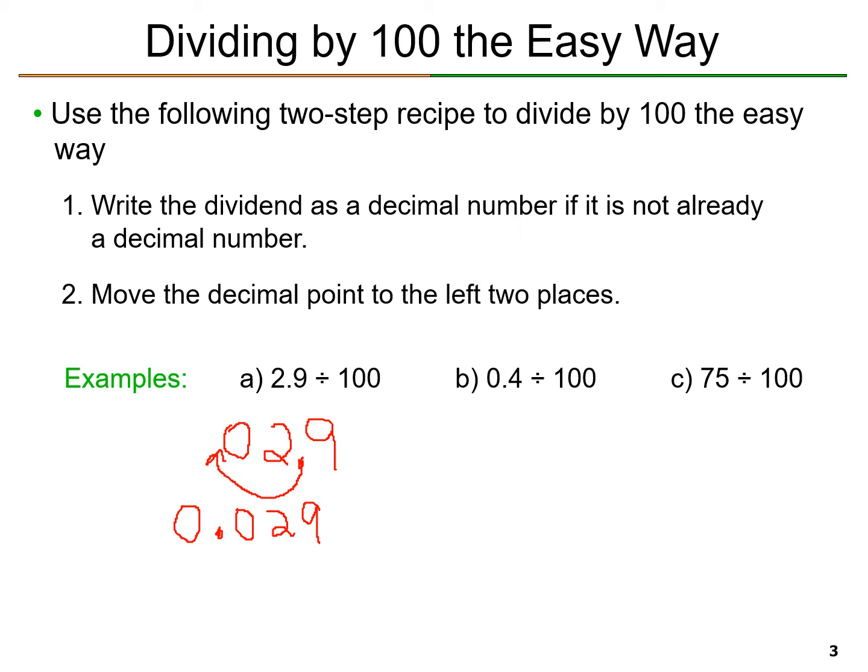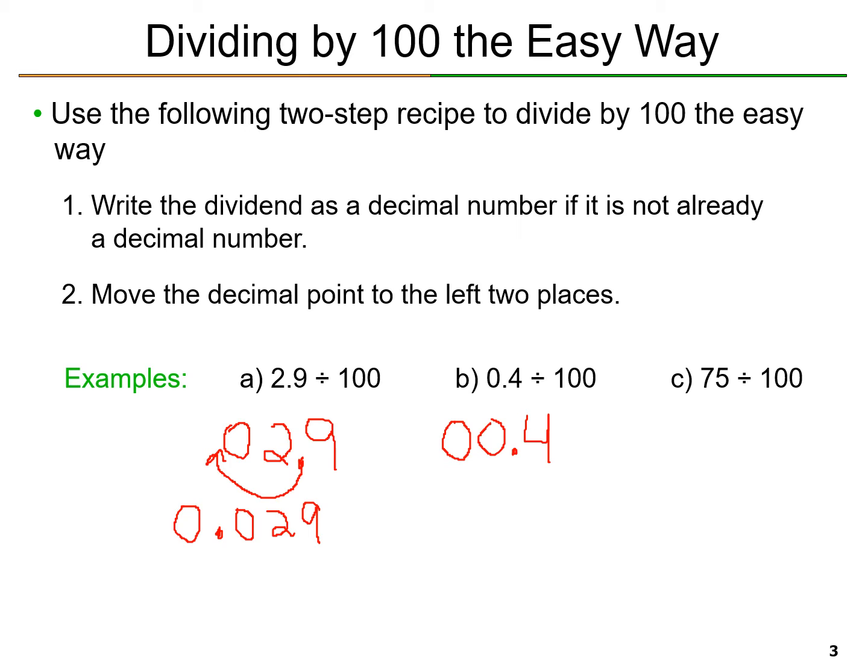Okay, let's divide 0.4 by 100. The dividend 0.4 is already a decimal number. So we go ahead and write it down. And step 2, move the decimal point to the left 2 places. Again, we only have 1 digit to the left of the decimal point. So let's add another 0. Now we have 2 digits to the left of the decimal point.